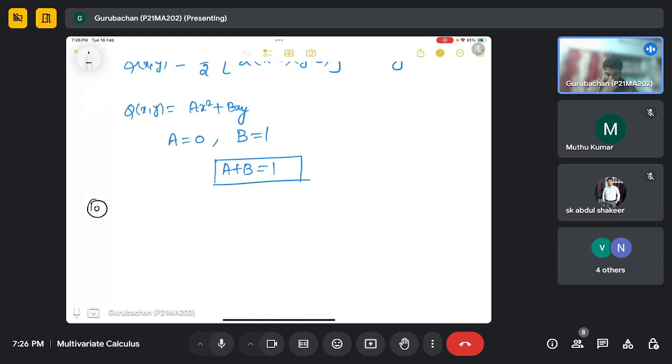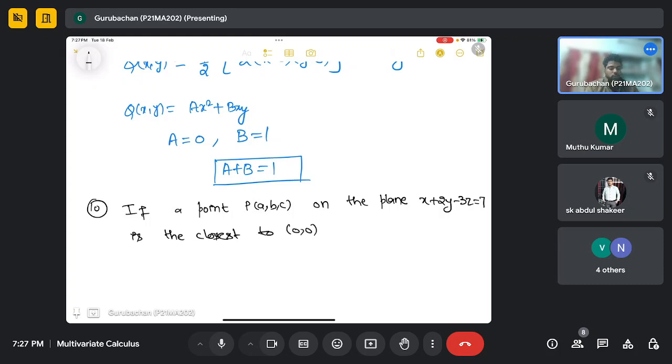So the next question is, if a point P(a, b, c) on the plane x plus 2y minus 3z equal to 7 is the closest to 0, 0, 0, then find the value of a minus b plus c.